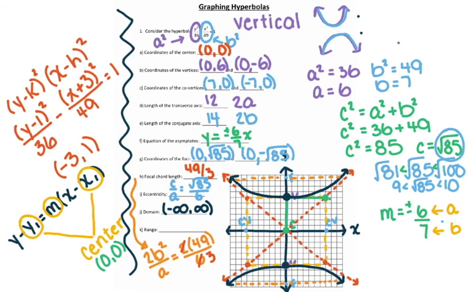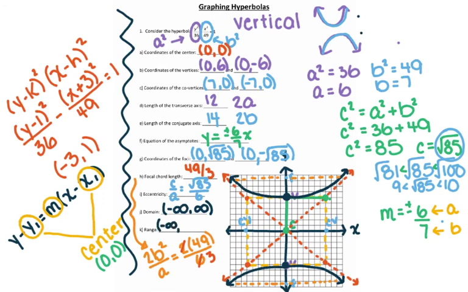For the range, it is not all real. Although it goes down forever and up forever, there's a whole section in the middle that's not part of the hyperbola. All these dotted lines, they're not actually part of the hyperbola. They're just the axes to help you draw the hyperbola. So for the range, there's going to be a U in the middle, which would account for that space. So for the range, you go low to high. So low, we are starting at negative infinity.